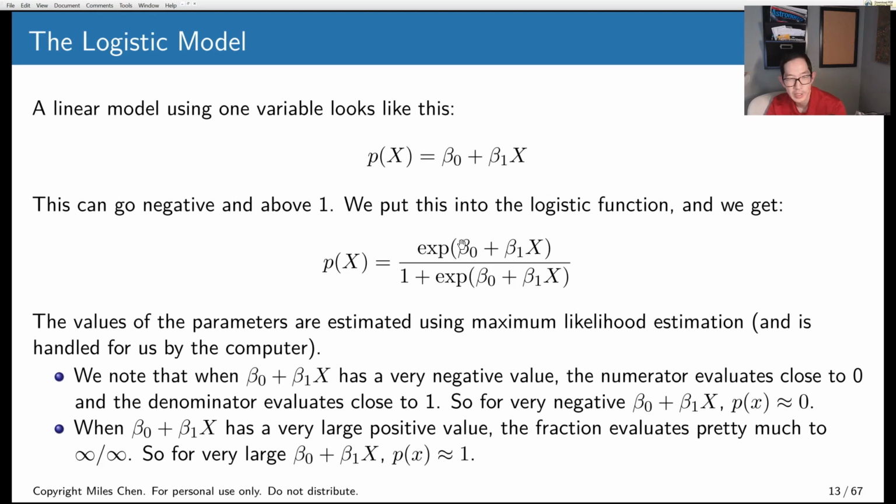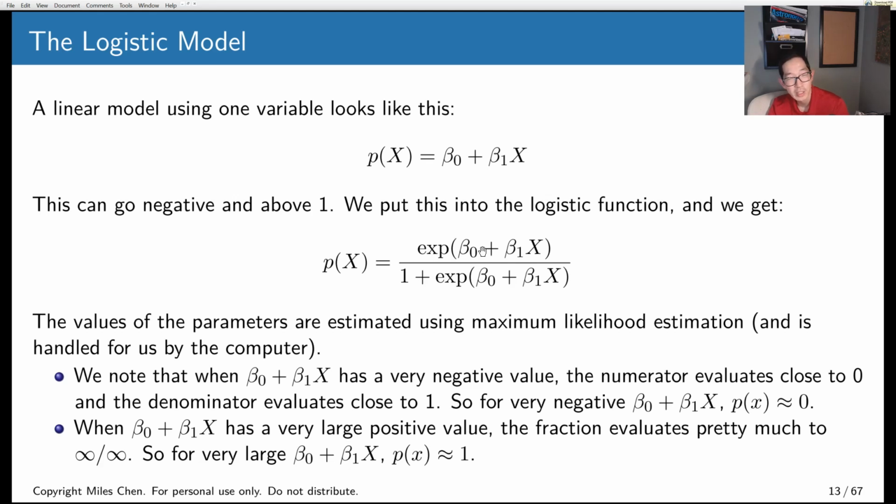Let's say you plug in positive 1000. You have e to the 1000 divided by 1 plus e to the 1000. e to the 1000 is a really big number, in the billions, I don't know. Let's say the numerator ends up being 10 billion, whatever it is, and we divide by 1 plus 10 billion.